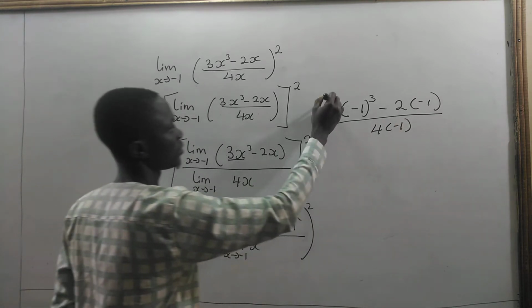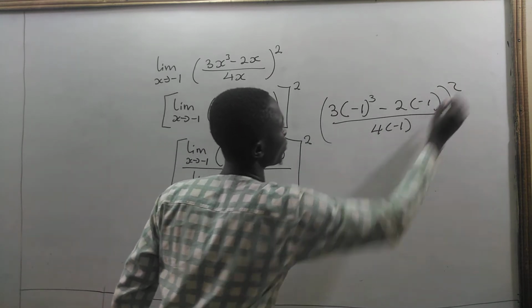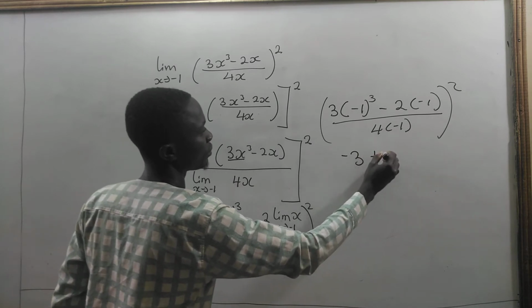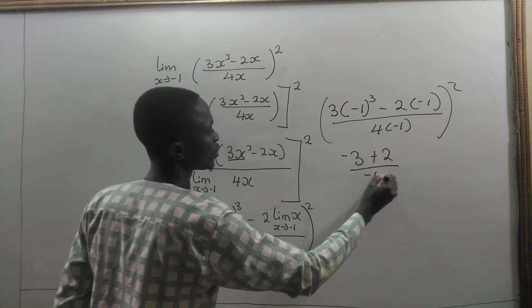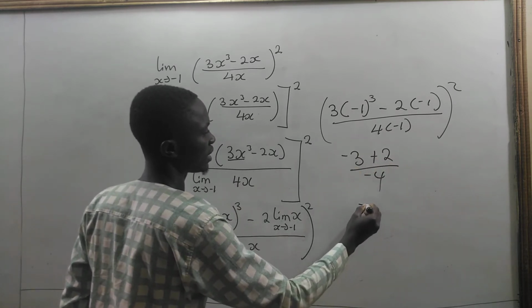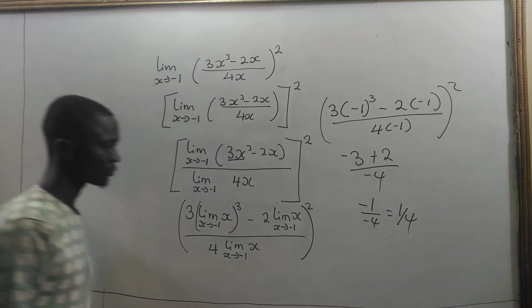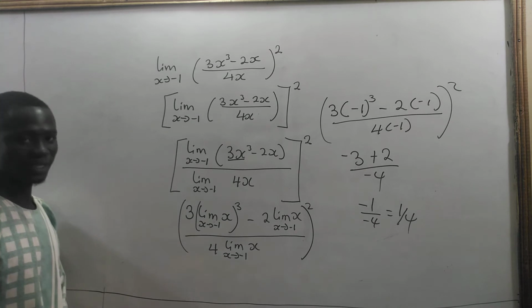We have squared, so we bring all squared. So this will give us -3 plus 2 divided by -4. That will give us -1 on -4. That is 1 out of 4.